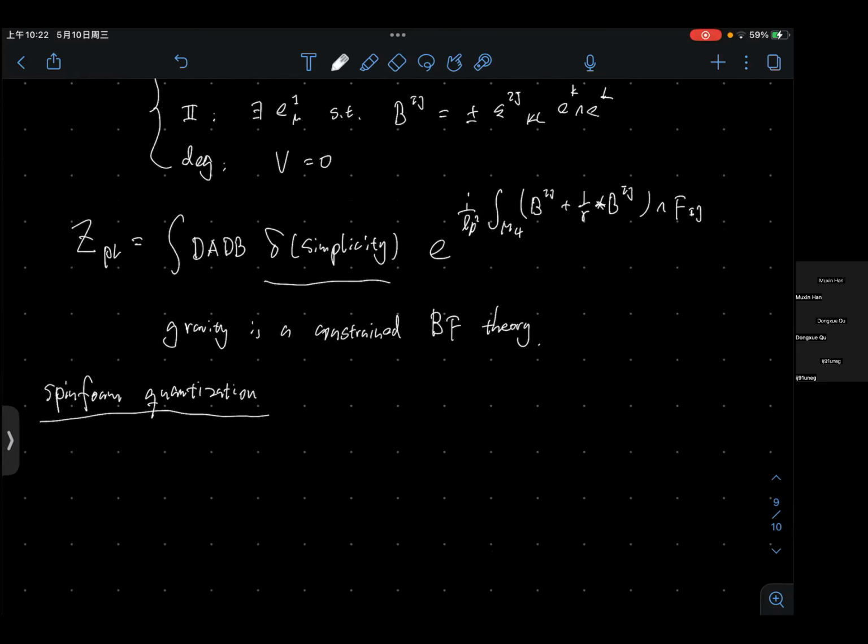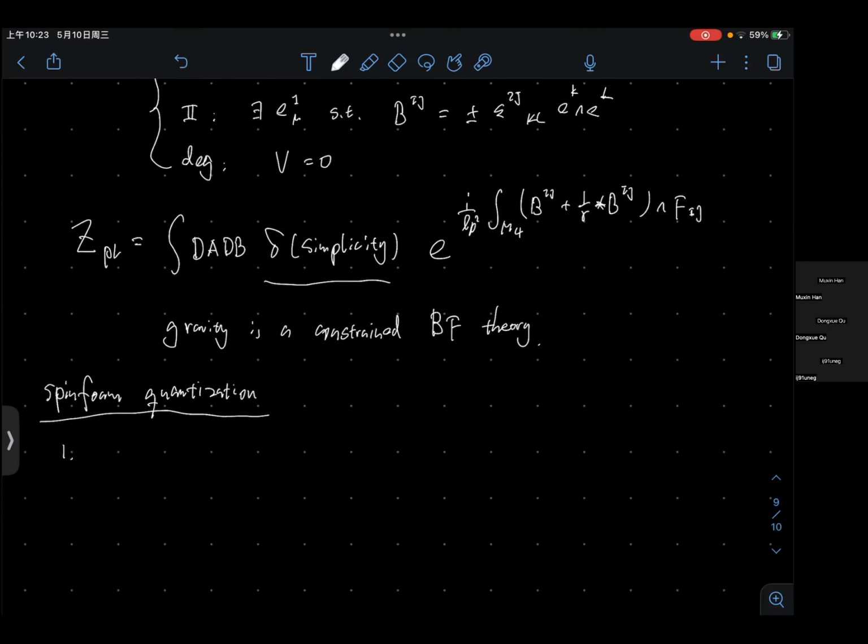One punchline is that this is not precisely the traditional way of quantizing gravity, and the traditional way is not really what we want. If you quantize Einstein-Hilbert gravity traditionally, you get into trouble, like non-renormalizability and bad UV behavior and so on. So traditional quantization of gravity is not really what we want. We want something else, and spinfoam quantization is a candidate for this something else.